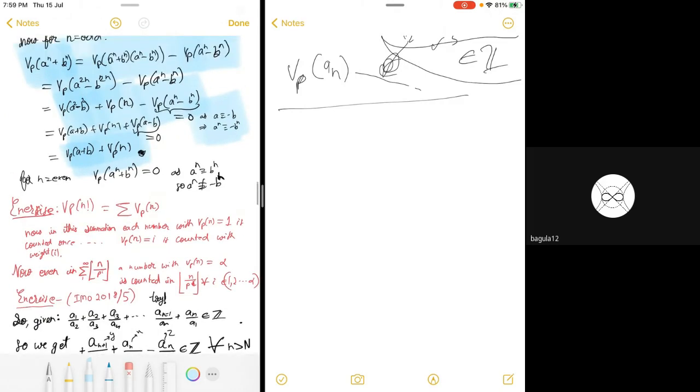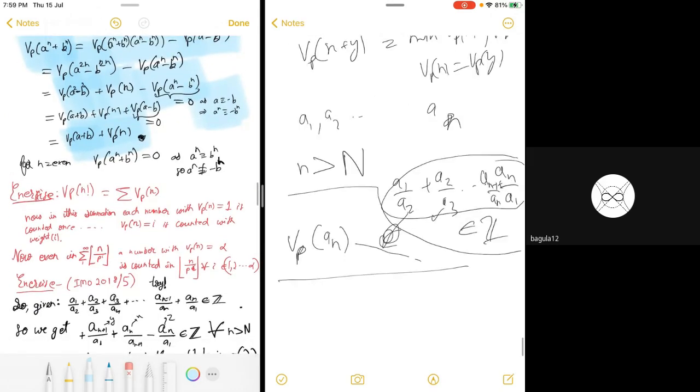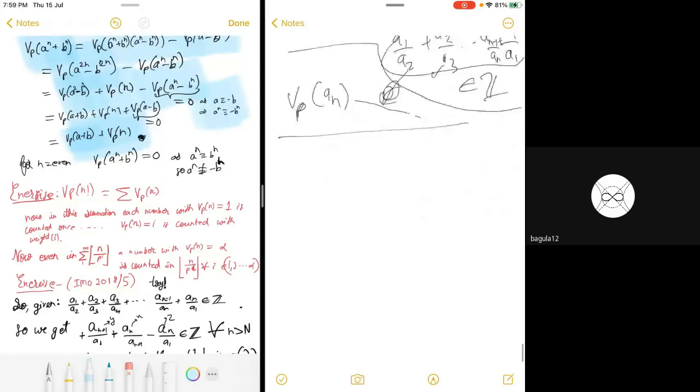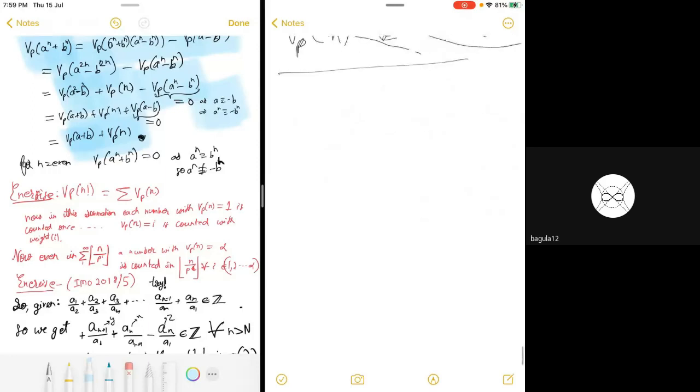So basically, first, just to simplify the statement, take the difference. The problem converts into: An plus 1 by A1 plus An divided by An plus 1 minus An by A1 belongs to the integers.